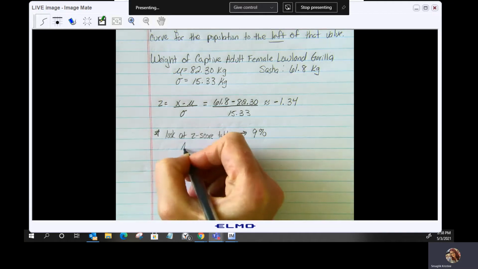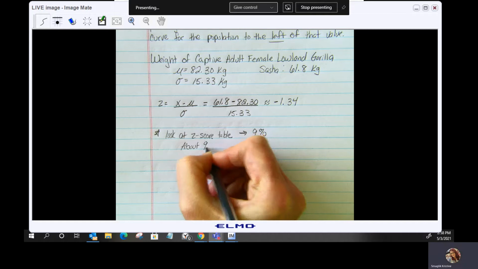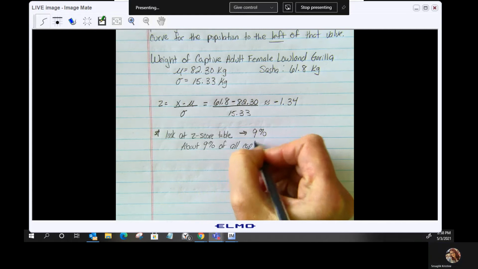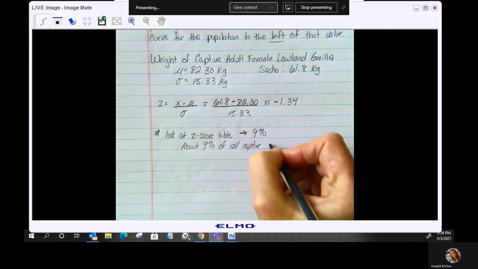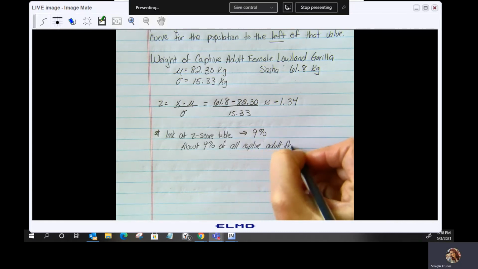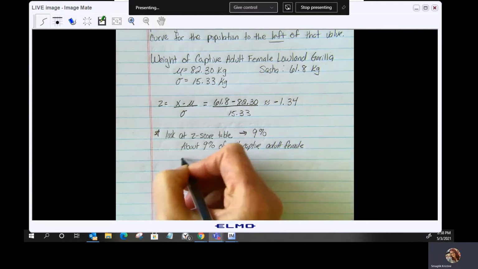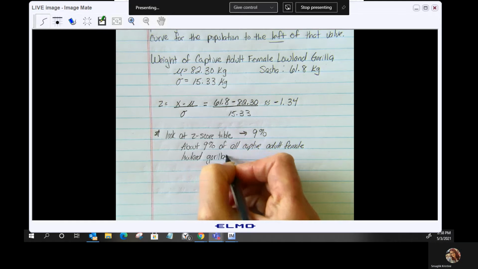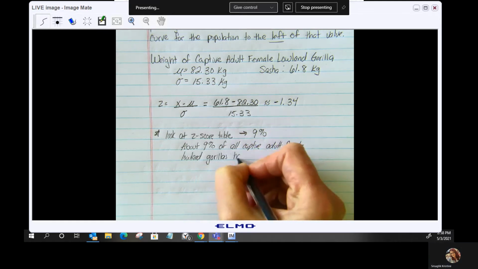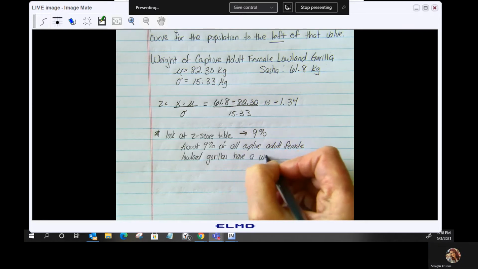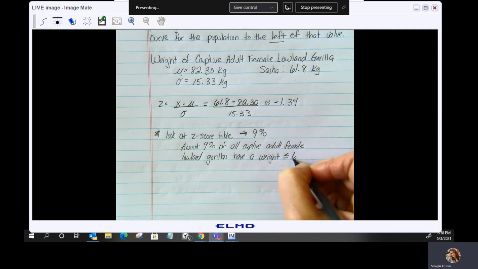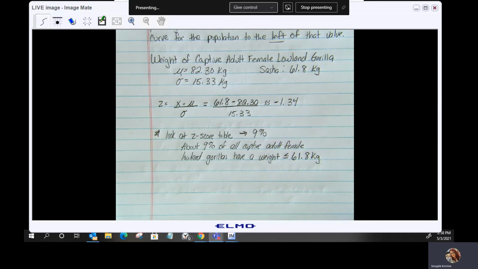So about 9% of all captive adult female lowland gorillas have a weight less than or equal to Sasha's weight, which is 61.8 kilograms.